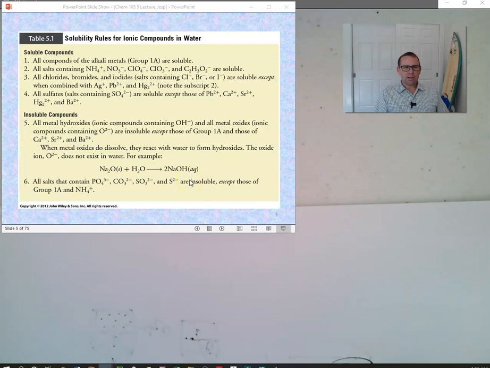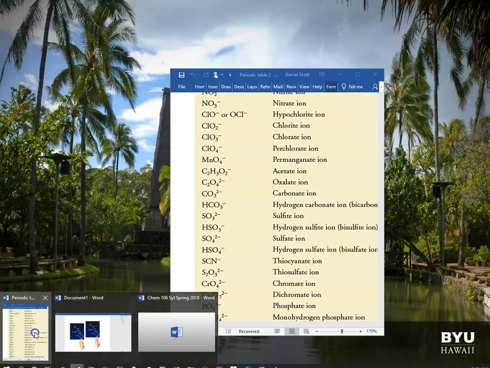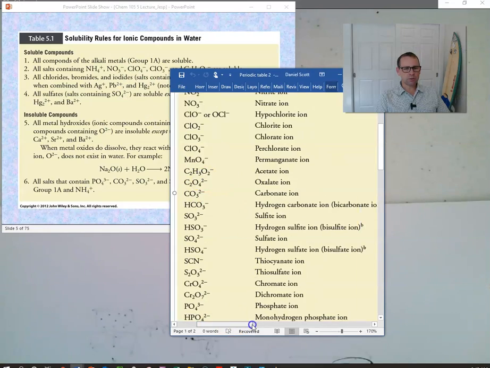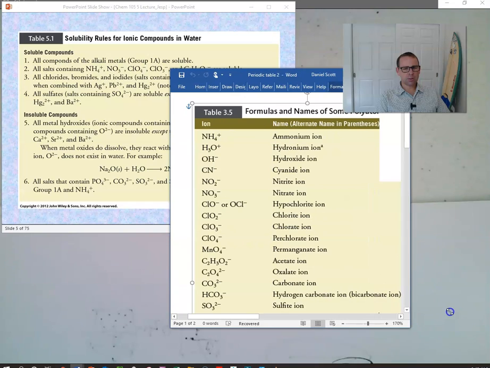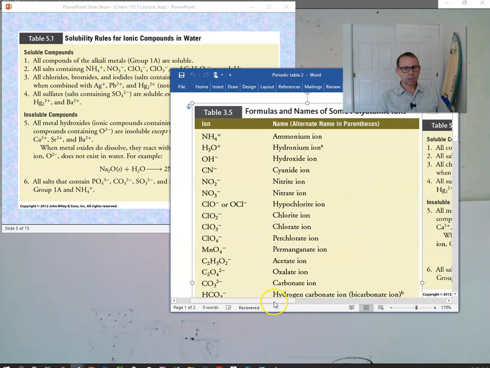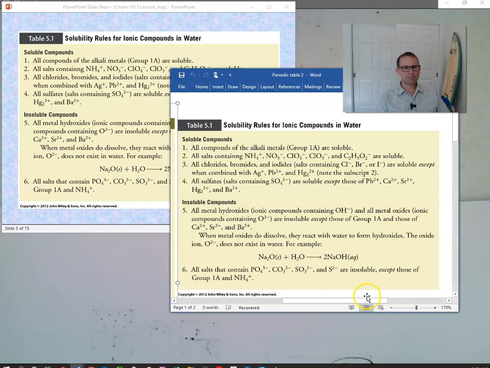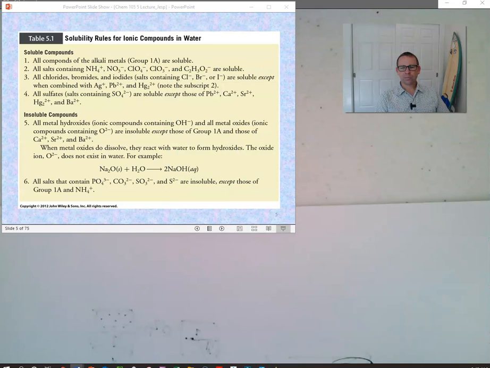All right. Now, on the back of our periodic table, we have so many goodies. And this is one of the little tables that we have. It's called the solubility table. Can you find it on the back of your periodic table? Found it. All right. These are rules that help us know whether or not a compound will be soluble in water.